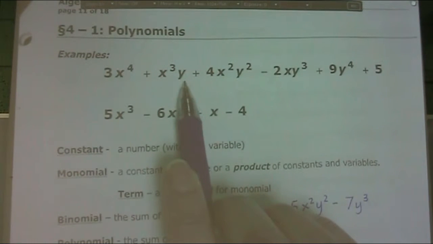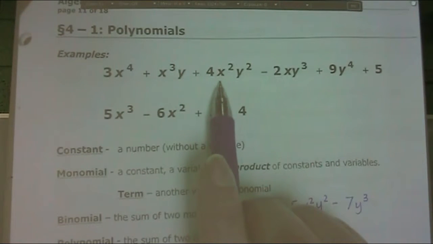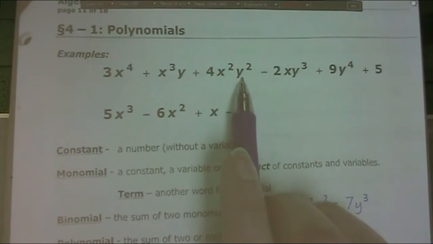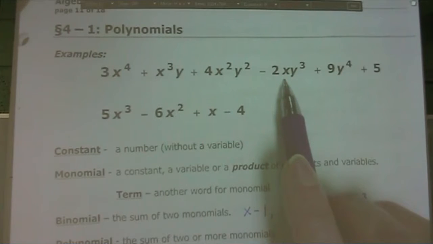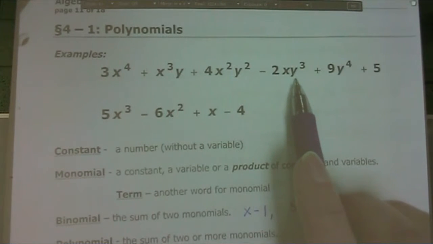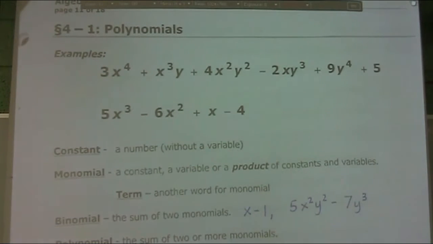The degree of y is the 1 that you don't see. Here, the degree of x is 2. Here, the degree of y is 2. Here, the degree of x is the 1 that you don't see. And here, the degree of y is 3. So it's just the power of each variable. That's what degree is.